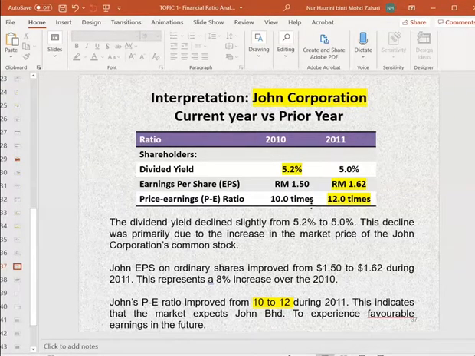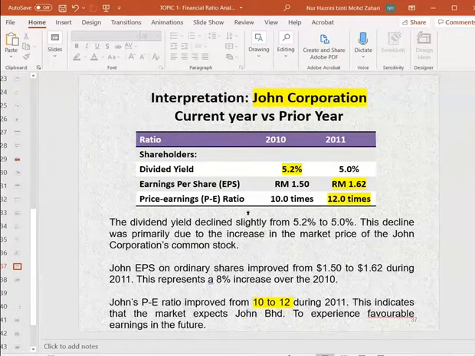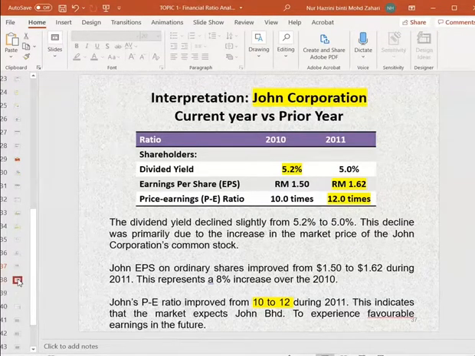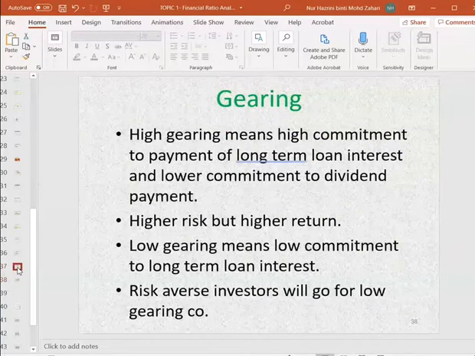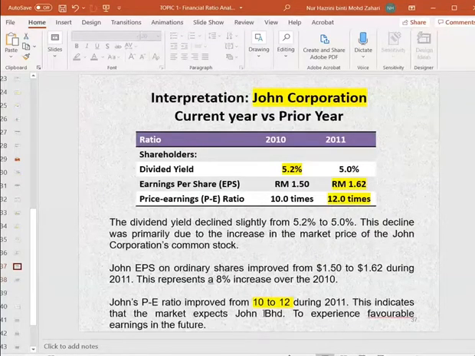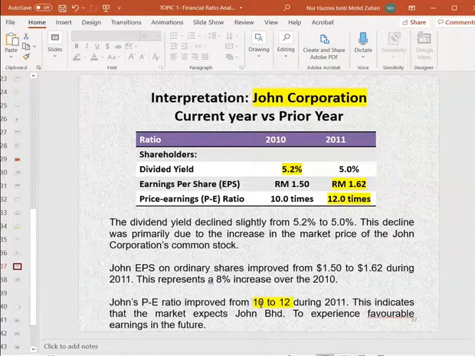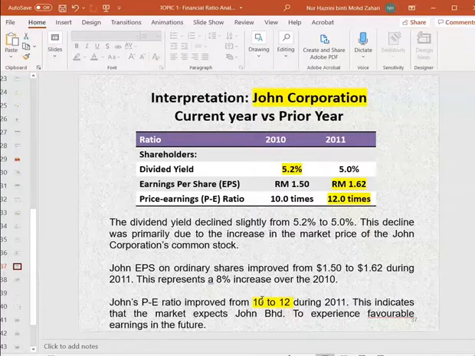It can also be the reason why the price earnings ratio increased. So that's what you can do if you compare the same company between years of operation.